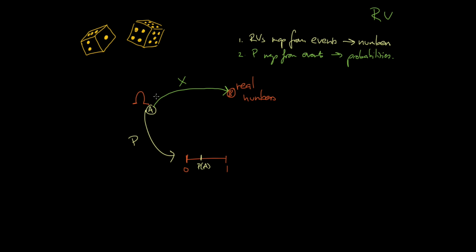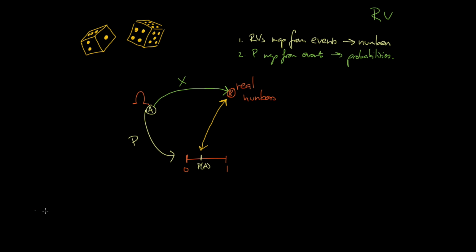And so we get this connection, even though the random variable maps from outcomes to real numbers and technically has nothing to do with probability, we can define the probability of our random variable being equal to a particular number as just the probability of all the different outcomes that this random variable maps to that particular real number.